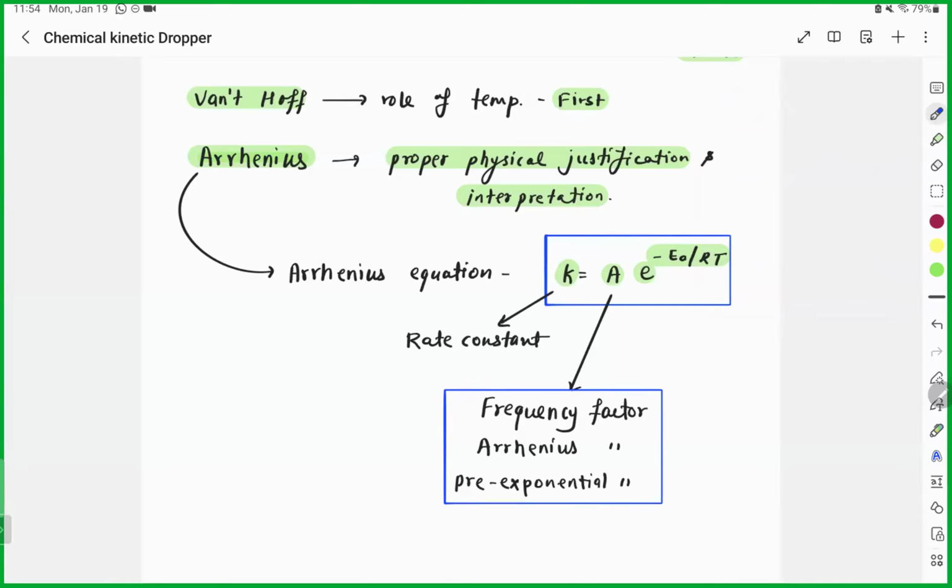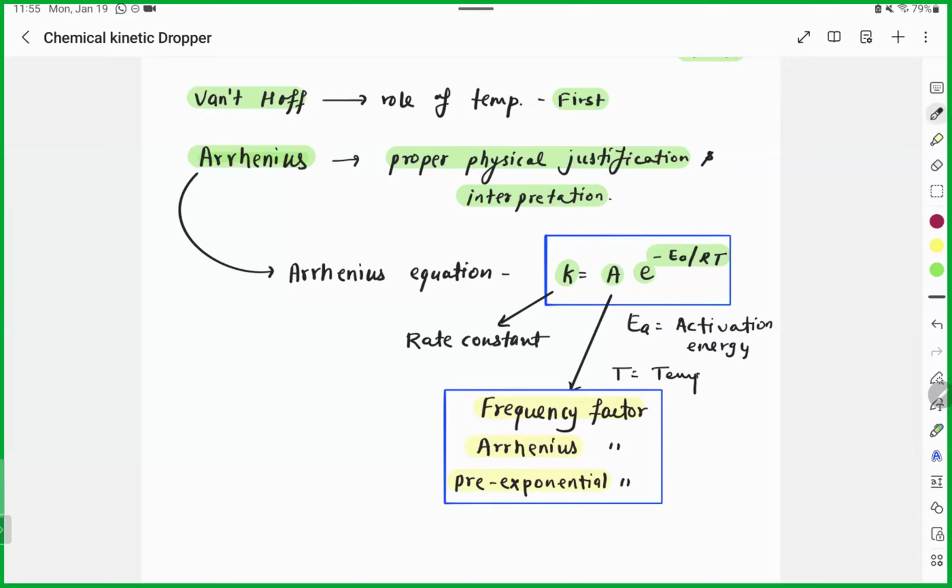Okay, so all have the same, it is the same thing. If you say frequency factor or Arrhenius factor or pre-exponential factor, you are talking about A. Okay. Sarah, what is Ea in this case? Sir, activation energy. Activation energy. Barinder, what is T in this case?